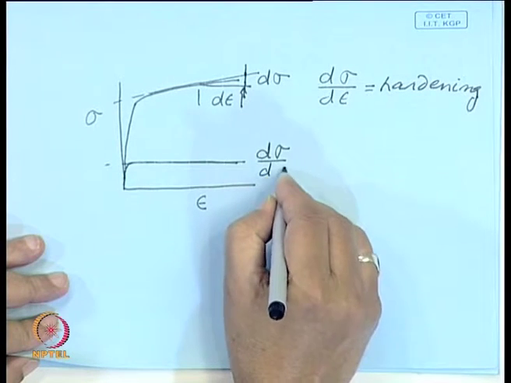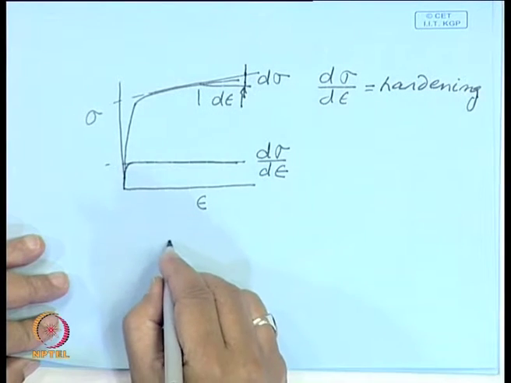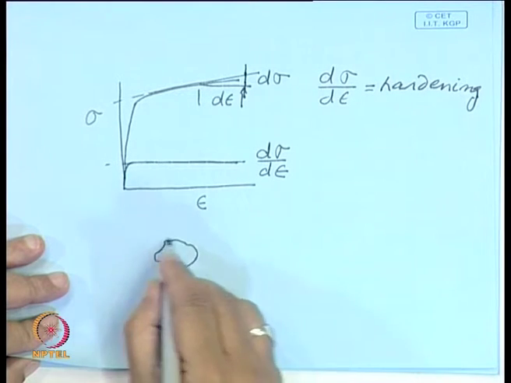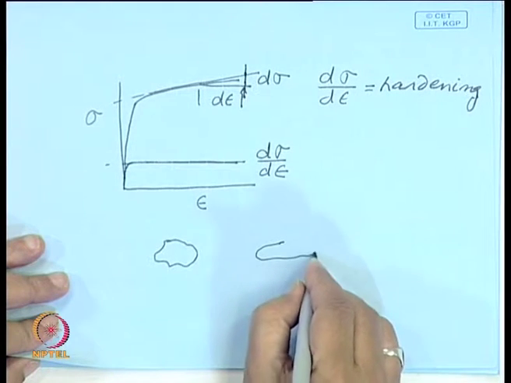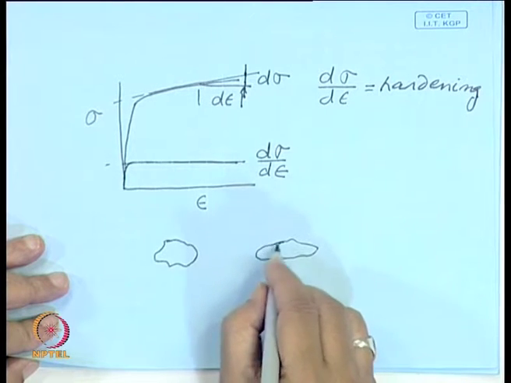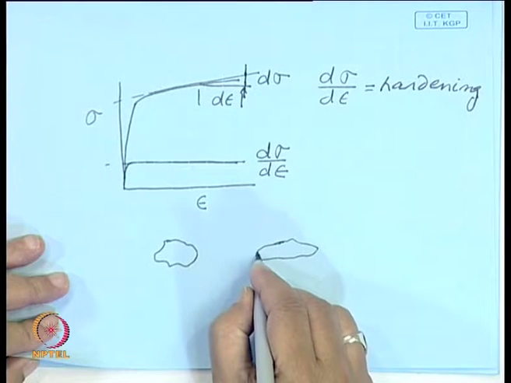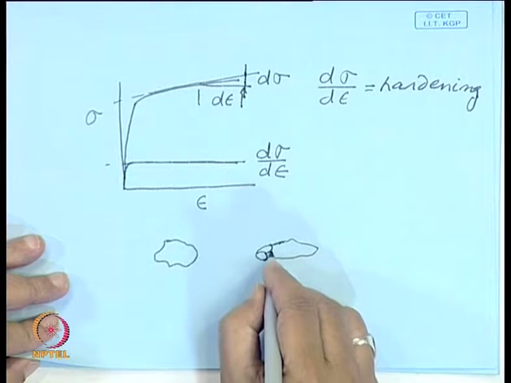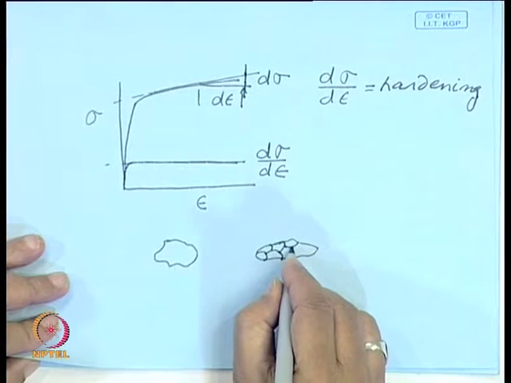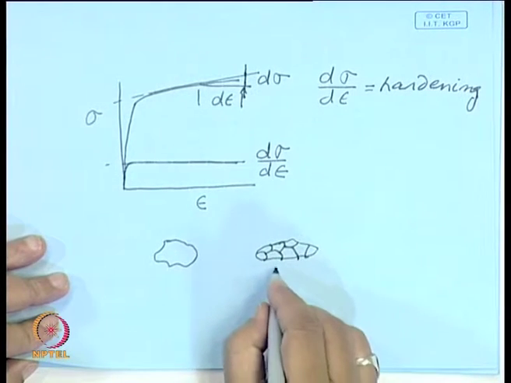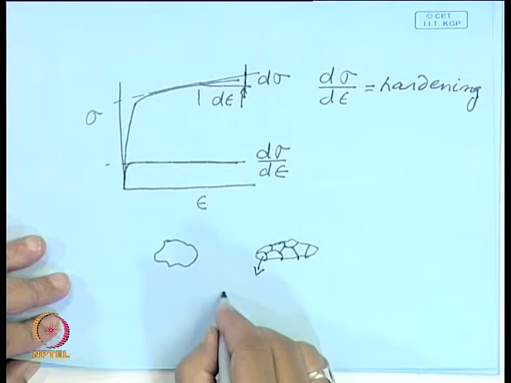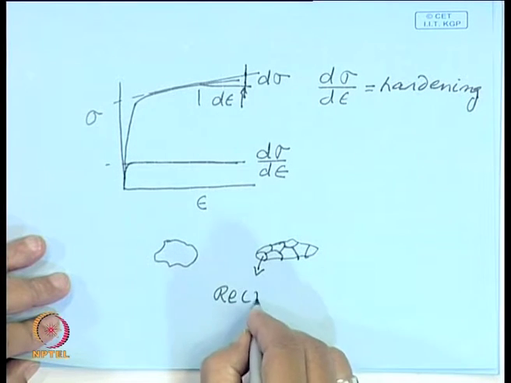So, what is happening? As you deform a grain, it gets deformed, but at high temperature, because of the deformation, fresh grains nucleate, and these are replaced by new strain free grains, and this process is known as recrystallization.